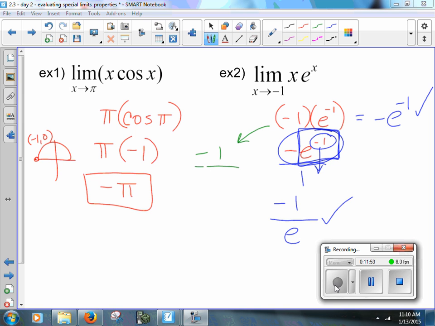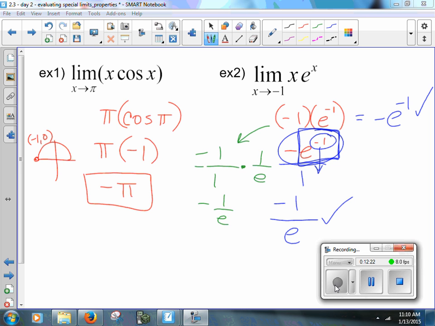Look, -1 over 1 is good, right? 1 over e is e to the -1, right? What's a negative times a positive? -1 over e. Same tomato, I say. Got it?